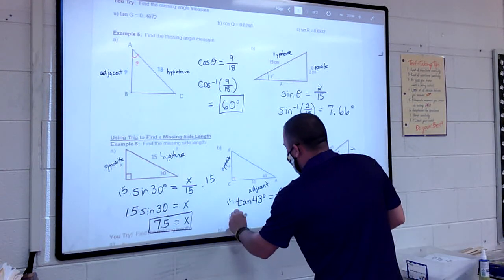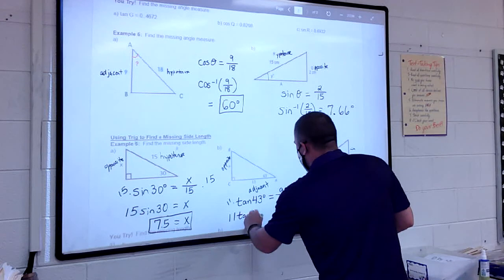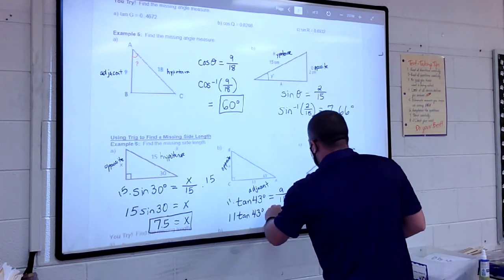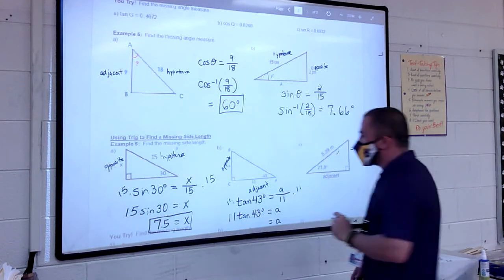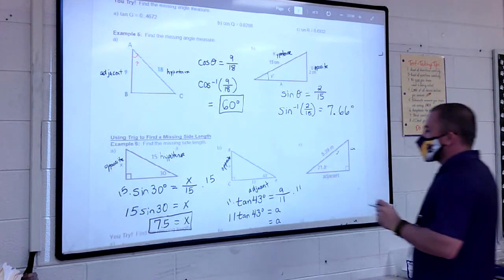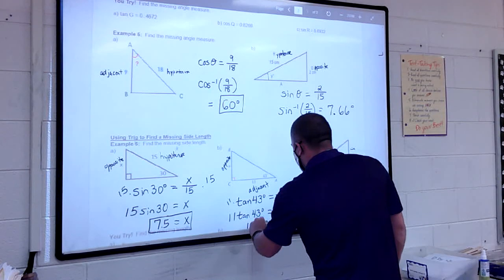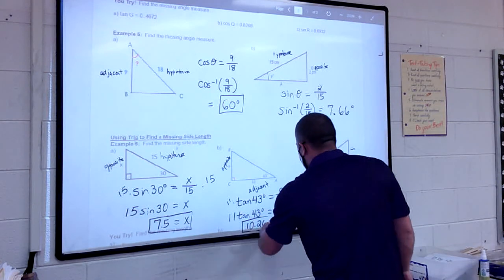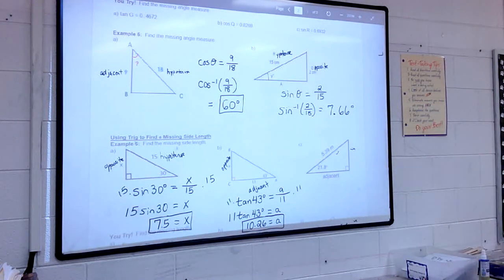So I get 11 tangent of 43 degrees equals A. And now I get to type that right in my calculator and it'll tell me that the missing side is 10.26 if we rounded it to 2 decimal places. It said 10.257, so we rounded it to 10.26. And that is our missing side. We just had to figure out, are we using sine, cosine, or tangent? All right.